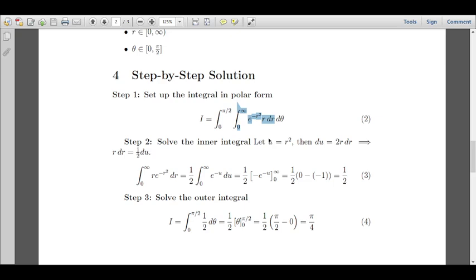So how to convert that? Same thing, we use the substitutions x equal to r cos theta, y equal to r sin theta, therefore x square plus y square equal to r square. So square root of x square plus y square becomes square root of r square, that means r. Now dy dx is equal to r dr d theta.